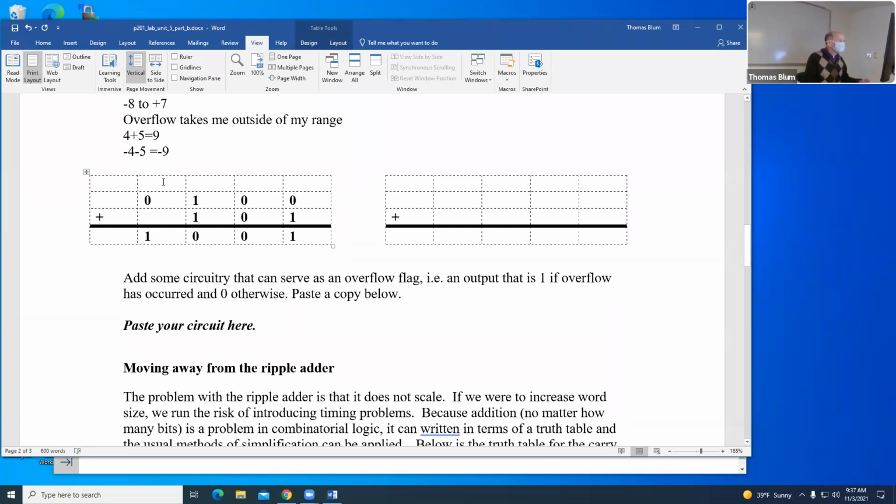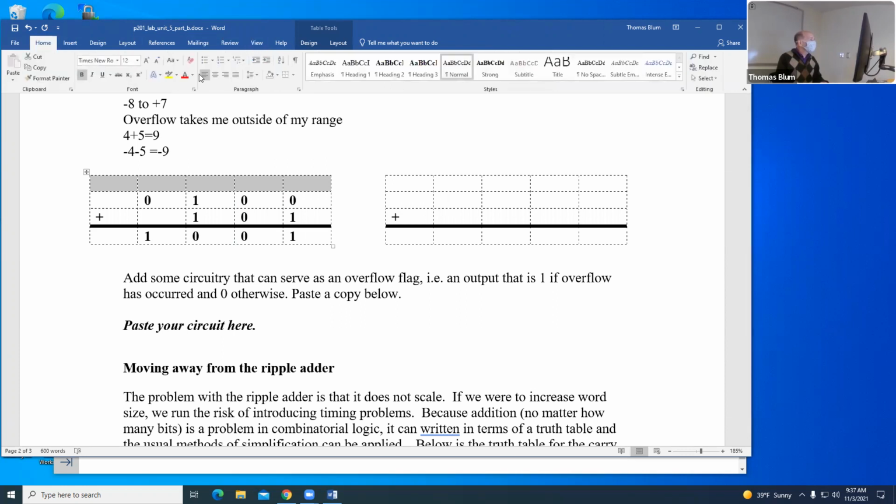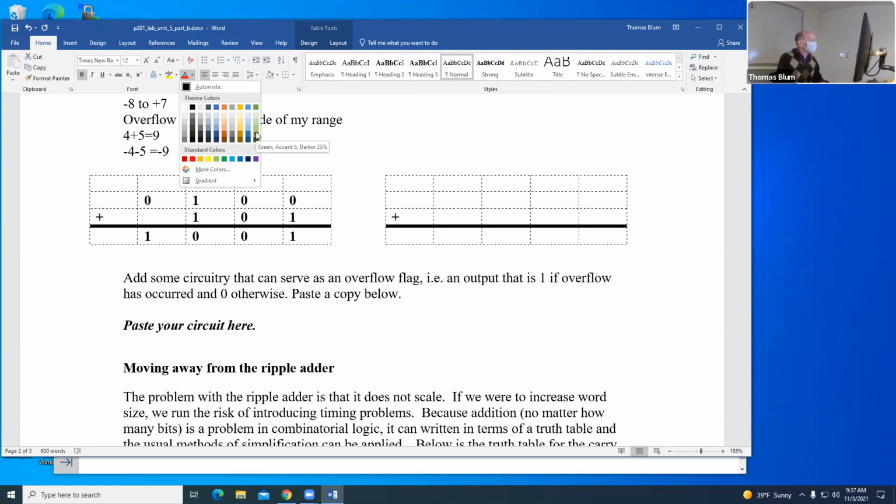Nothing wrong. And if I want to fill in the carries, that's what this is for. Let me make them a different color. How about green? So there was no carry here and no carry here and no carry here, but 1 carry here and no carry here. Okay. So here are the numbers I'm adding, here were the carries.